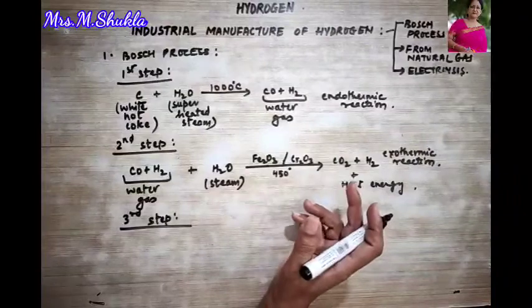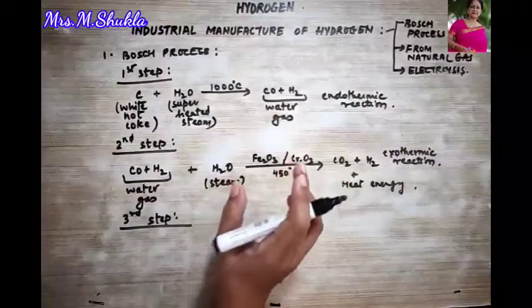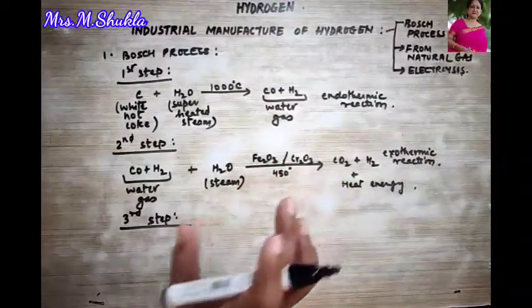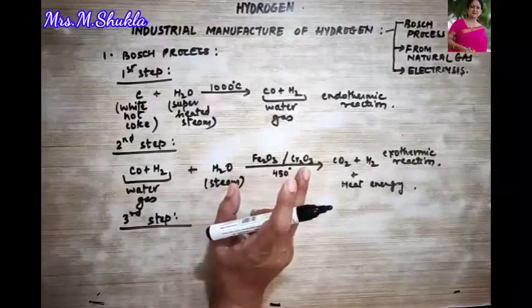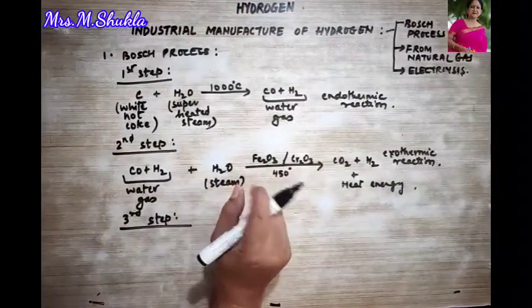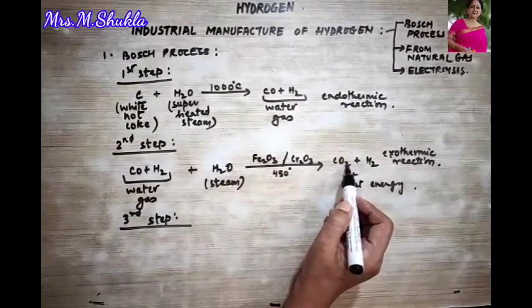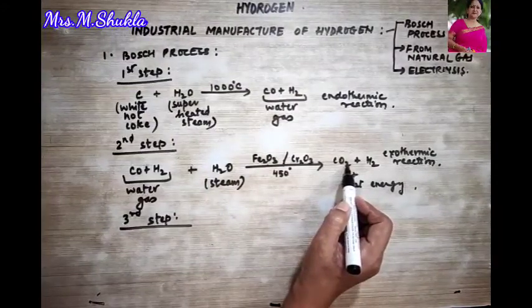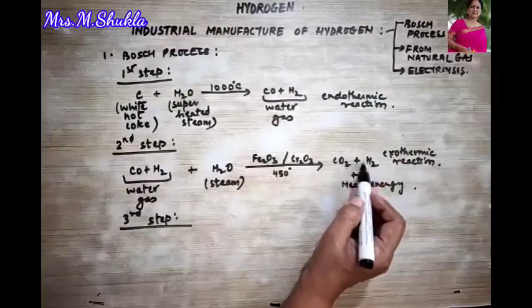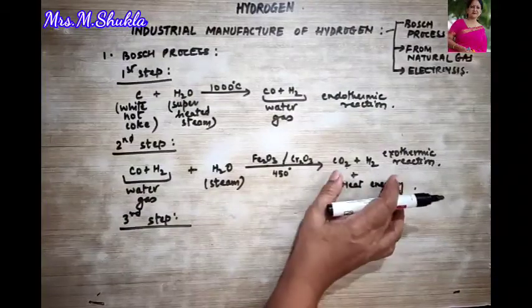And what is caustic potash solution? That is KOH. And this potassium hydroxide always absorbs the oxides, right? So over here, what is the oxide we are talking about? Carbon dioxide. So KOH is going to absorb carbon dioxide and thus hydrogen will be left, right?